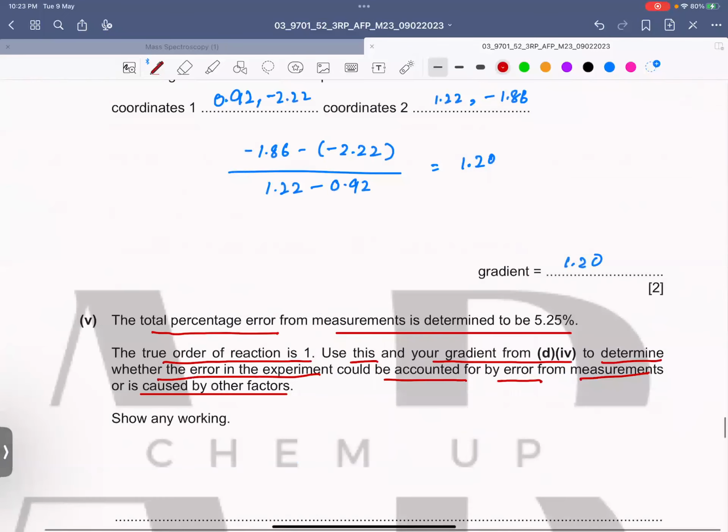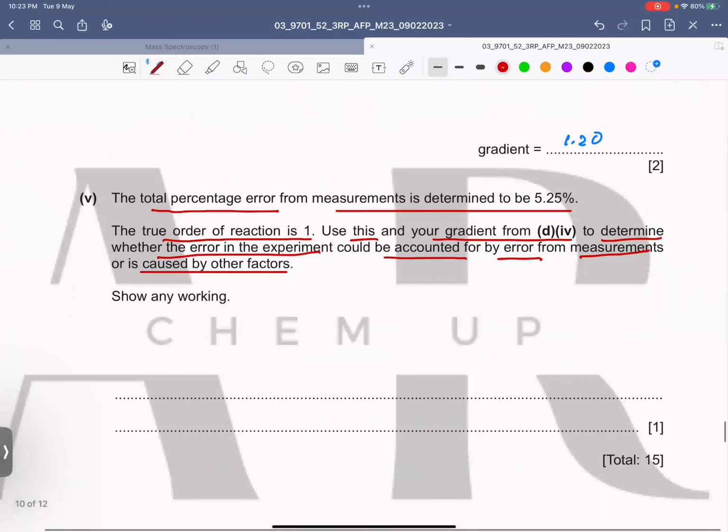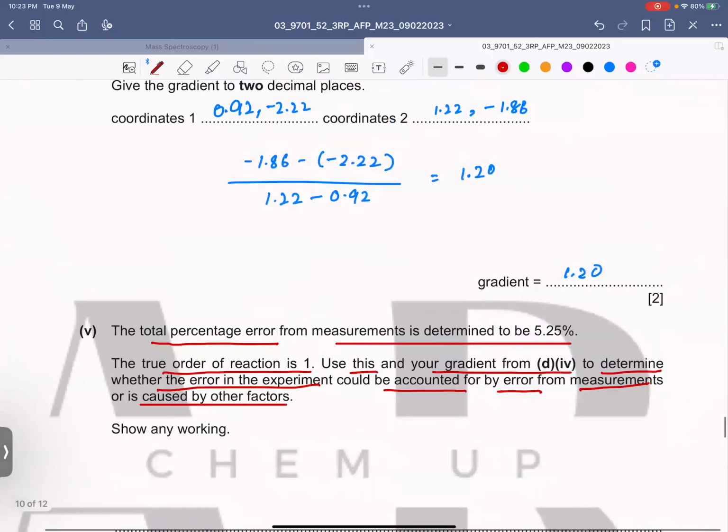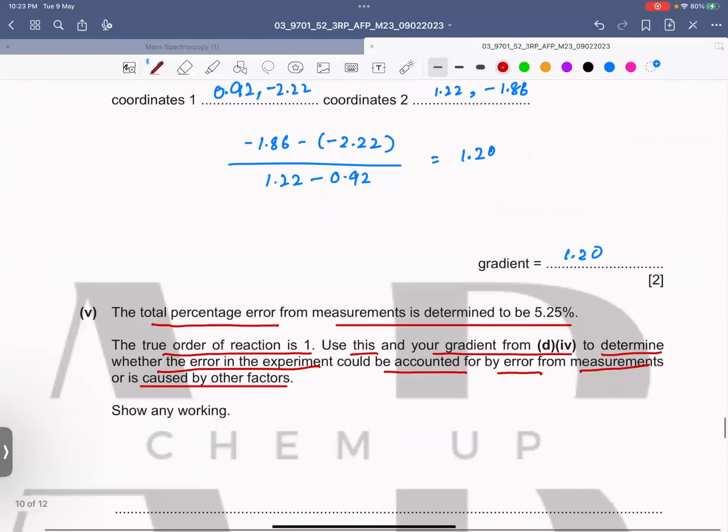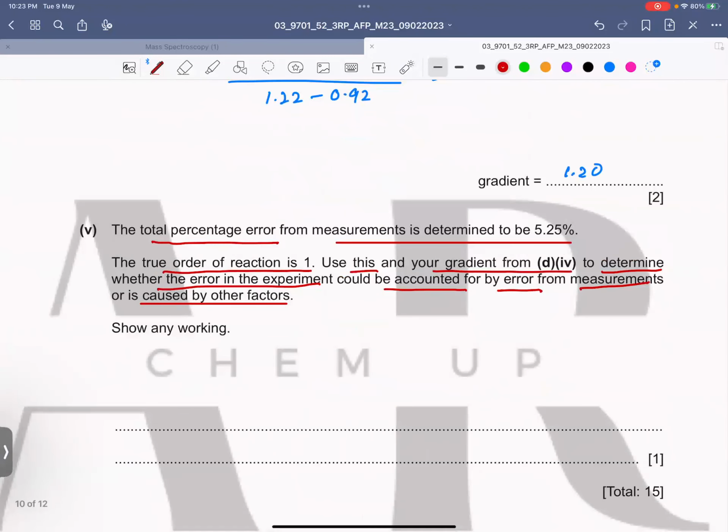Gradient is 1.20. Yeah, okay. So the total order is what? 1. The gradient is 1.2, right? This is my gradient.